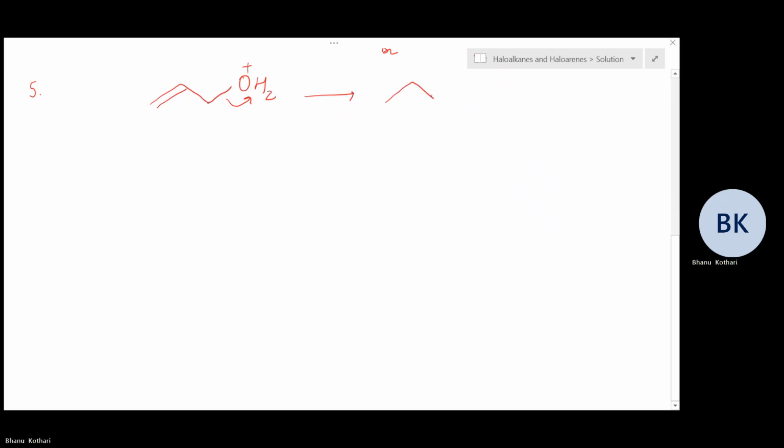We'll get an allyl carbocation here, on which Br minus will attach. So we'll have allyl bromide. Further, one more molecule of HBr can be added on this double bond. It will be Markovnikov addition. So what will be the product? It will be 1,2-dibromopropane, right?